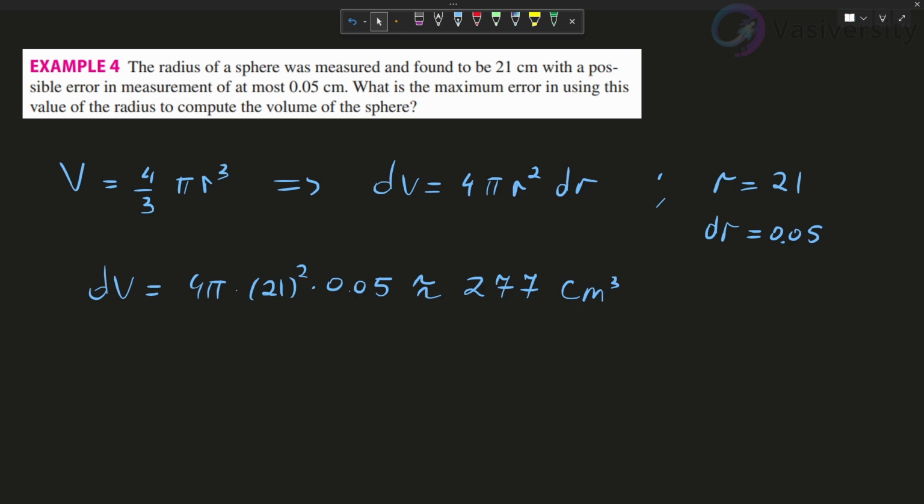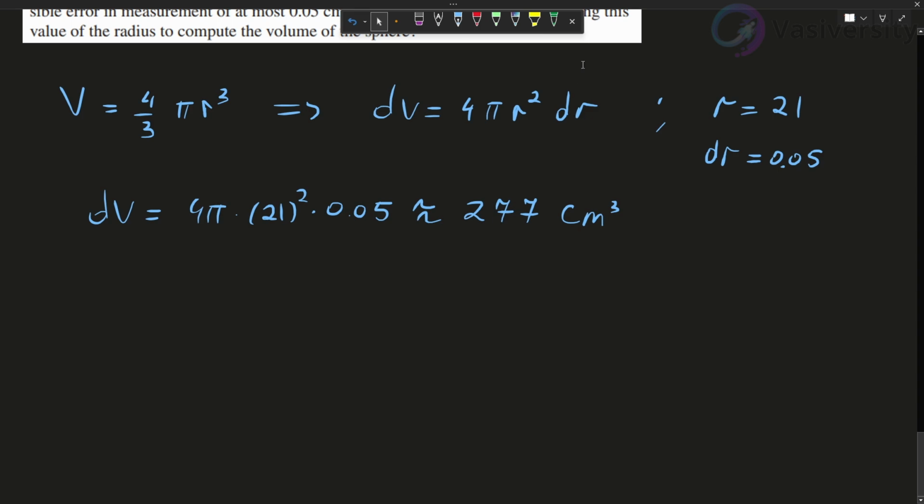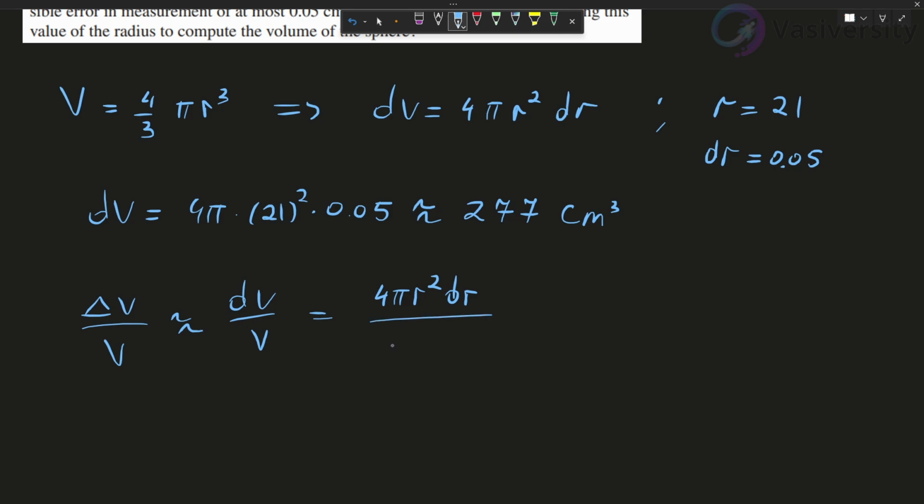Although the possible error may appear to be large, a better picture of the error is given by the relative error. The relative error is something better to think about than the numerical answer here. So the relative error would be delta V over V, or the same thing as dV over V, which is equal to 4 pi r squared dr over 4/3 pi r cubed, which is equal to 3 dr over r.